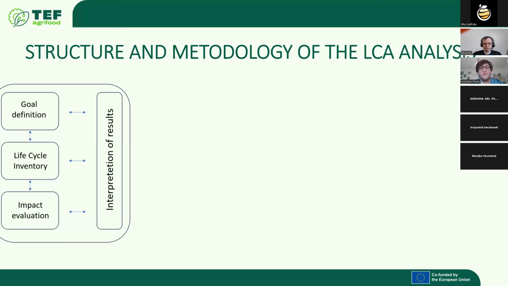Then comes the environmental impact assessment, which is the phase in which the data collected in the inventory are converted into indexes of environmental impact thanks to specific software. And finally, there is the last phase, the results interpretation, where we need to look at the output provided by the computation, identify the hotspots of the process, and compare different product impacts or process impacts.